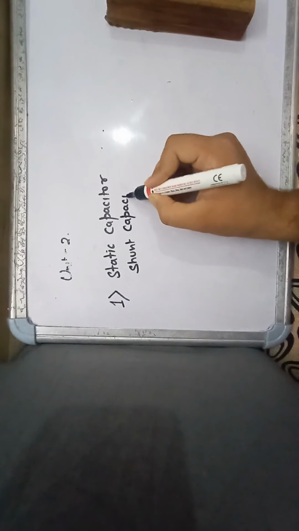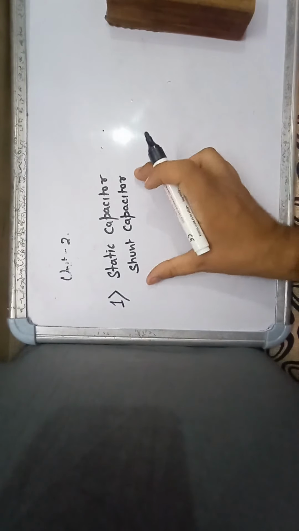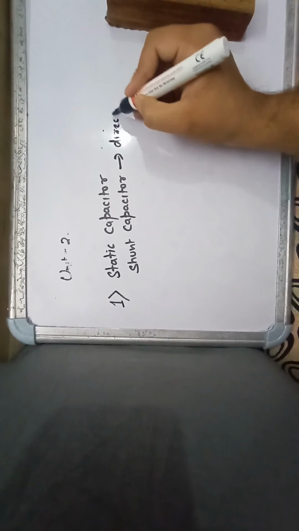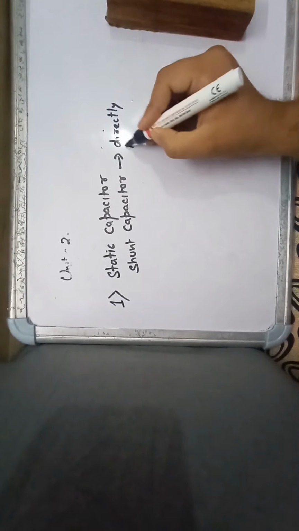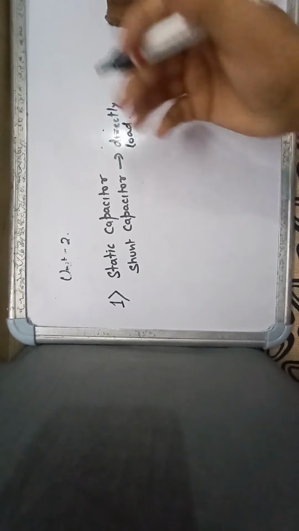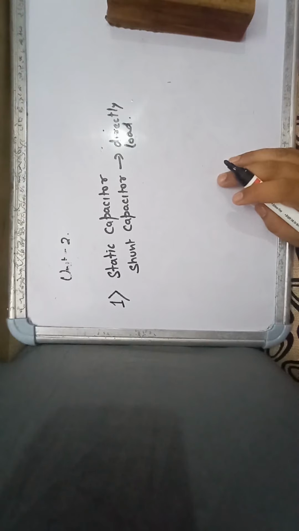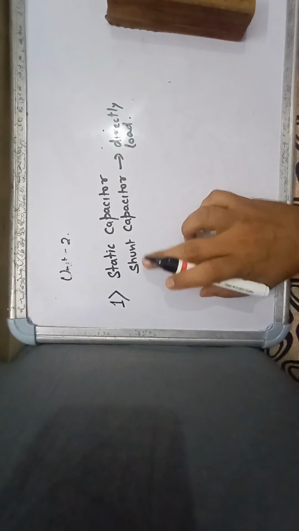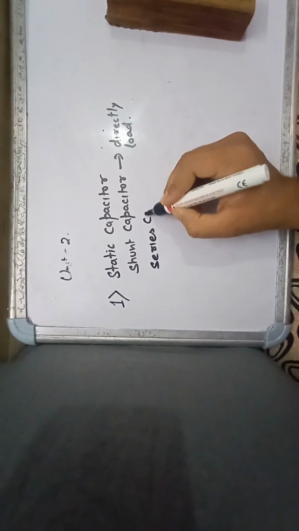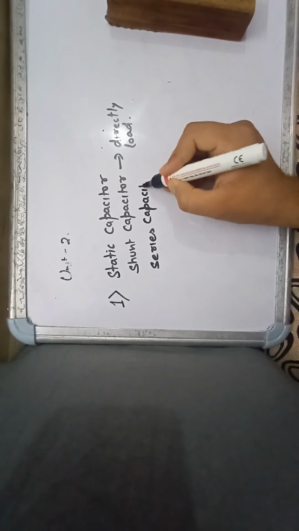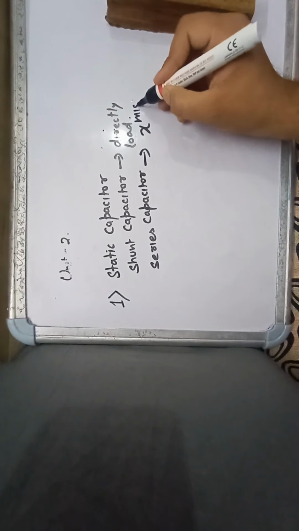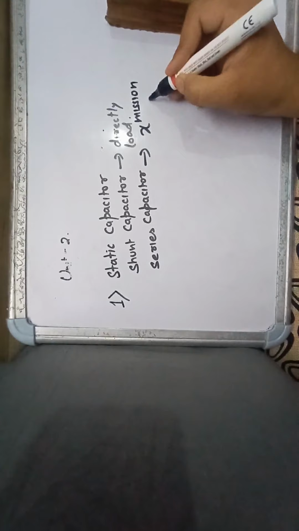Okay, mostly these shunt capacitors are added directly to the load, like across your induction motor, across any motor where you want to do this. But you can add a series capacitor also, but this series capacitor is added in the transmission line for power factor improvement.